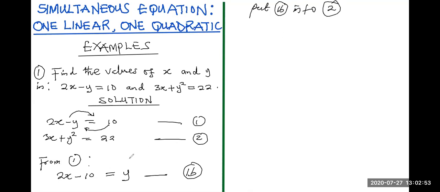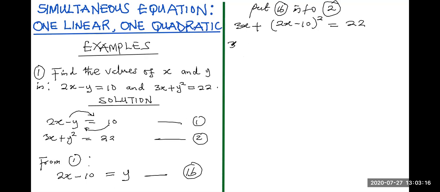So we now replace y in equation 2 with this. Equation 2 says 3x plus y squared, but instead of y now, I'll put 2x minus 10, but it is squared, so all squared equals 22. So I have replaced y squared with 2x minus 10 all squared.